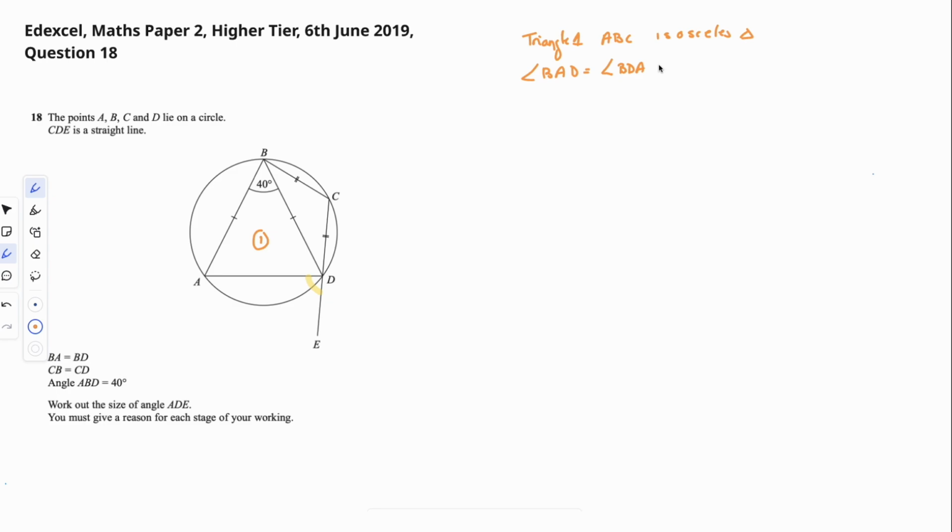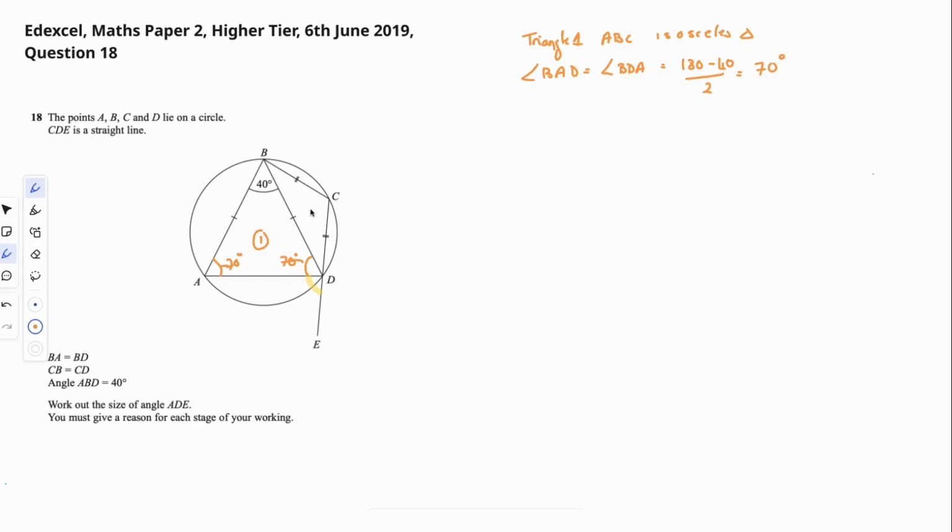To calculate that, we need to work out the total number of angles in a triangle, 180 degrees, minus the angle given here, which is 40, divided by 2, because these angles here and here are equal, and that gives us 70 degrees. So that's 70 there, and that's 70 degrees there.